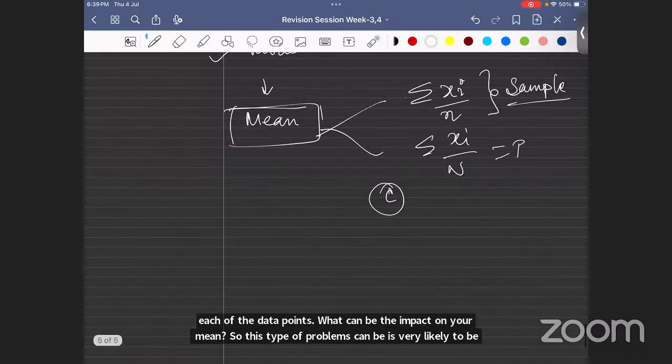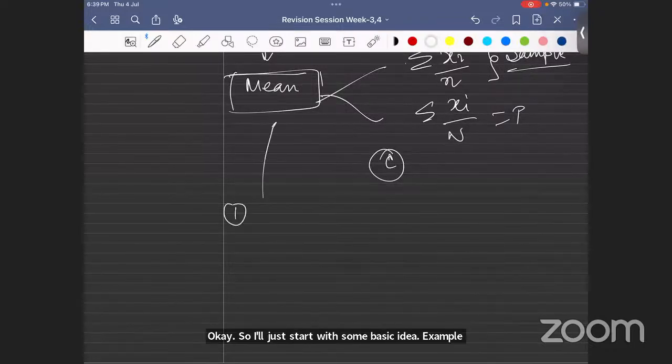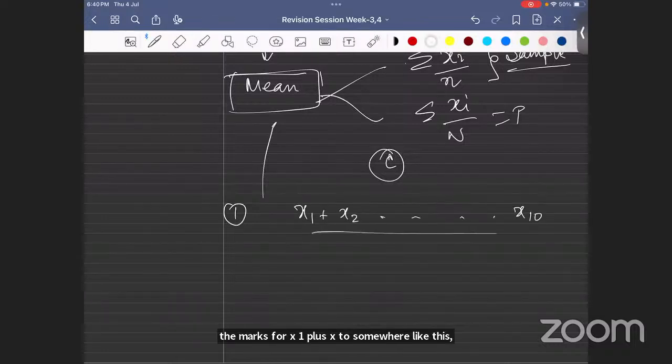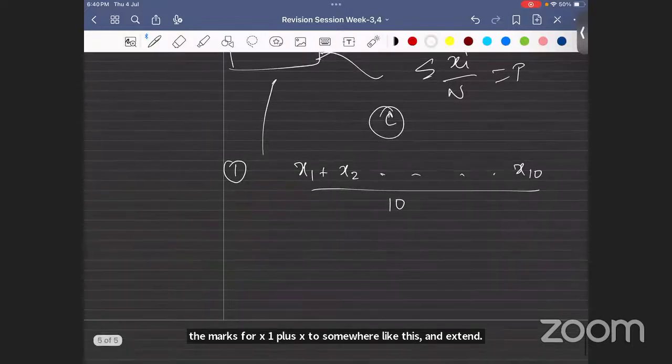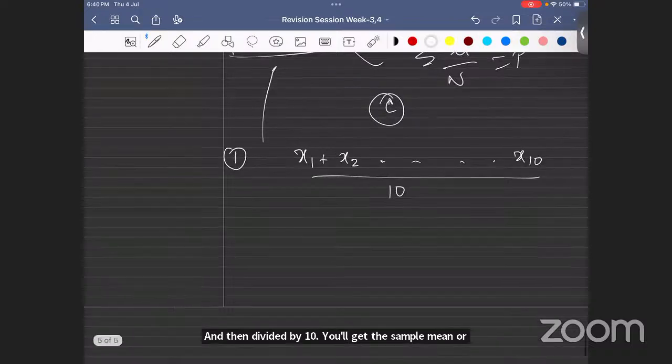So I'll just start with some basic example ideas. For the mean, if you have been given the data points directly, like the marks for 10 students, you can directly add the marks x1 plus x2, and so on up to x10, and then divide by 10. You will get the sample mean, the mean of the marks of the students.